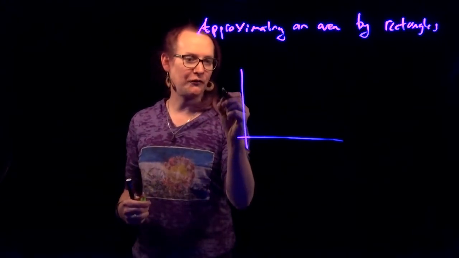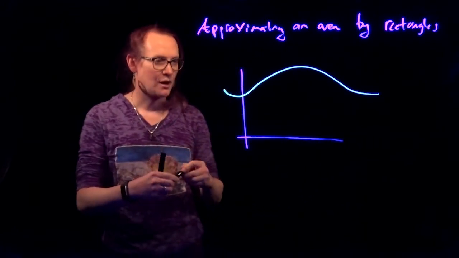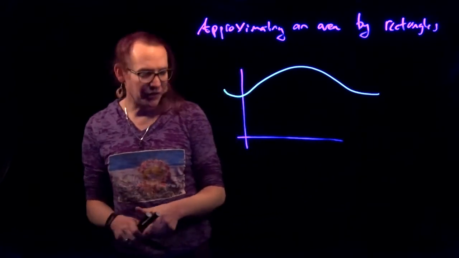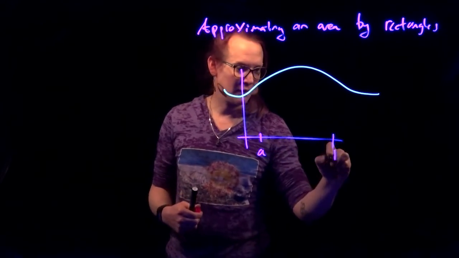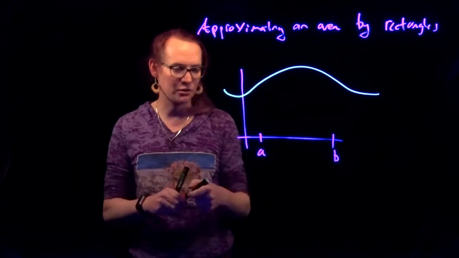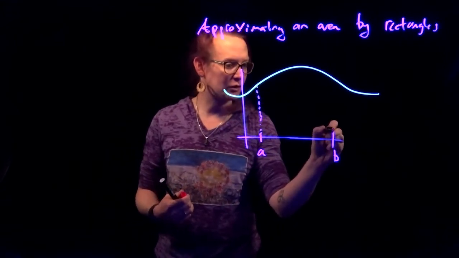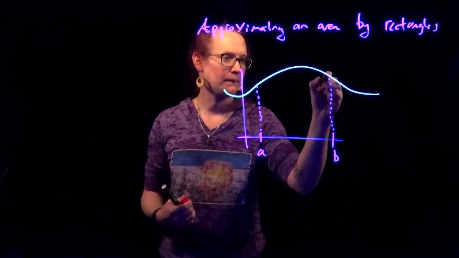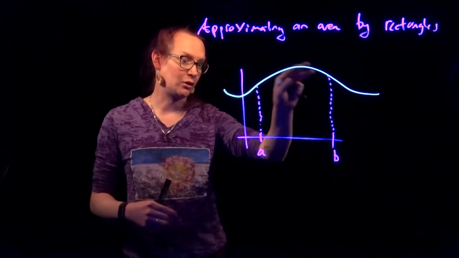So let's put a function down on this set of axes, and suppose that we're interested in a particular window from A to B, and I want to find the area underneath the curve inside of this window of interest. Okay? So I want to find this area right here.